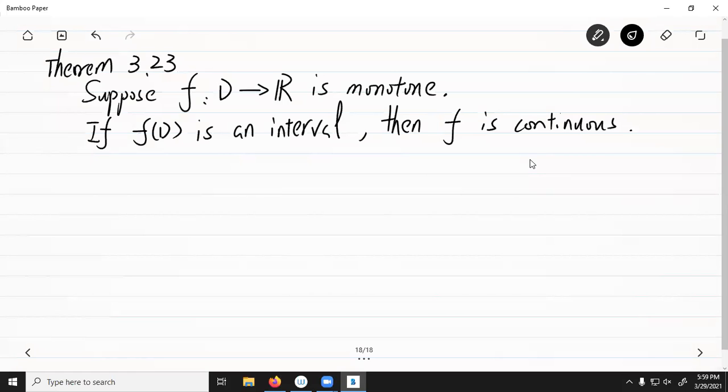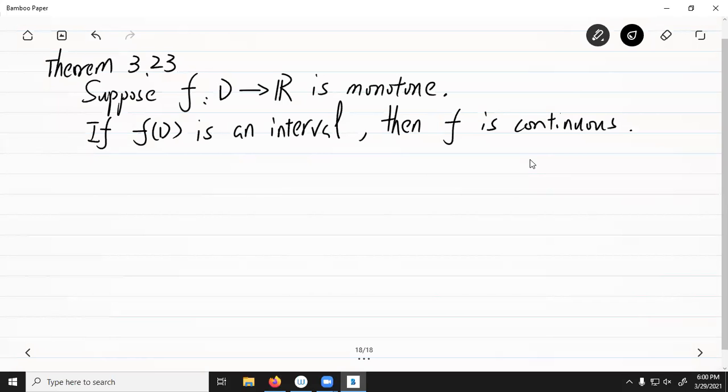Monotone means two things: either monotonically increasing or monotonically decreasing. Here we only consider the case where f is monotonically increasing. Why?